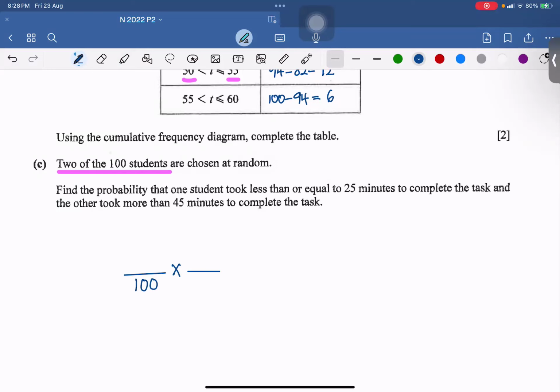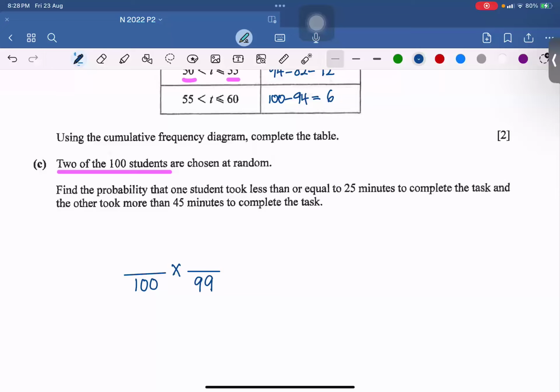Minus 2 or minus 1? Minus 1, because I picked out the first one. The second time I choose, there are 99 of them. So the thing must look something like that.